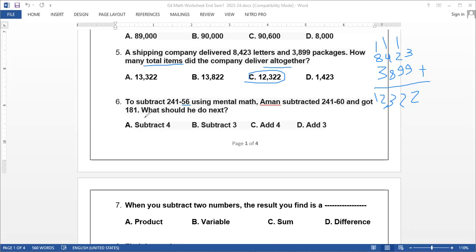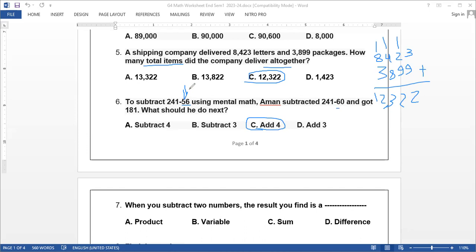Now what step should he do next? He decreased the subtracted one, 56. So when he subtracted 60, he subtracted more. So he needs now to add 4. He needs to add 4 to get the correct answer, because you have to be careful about this.